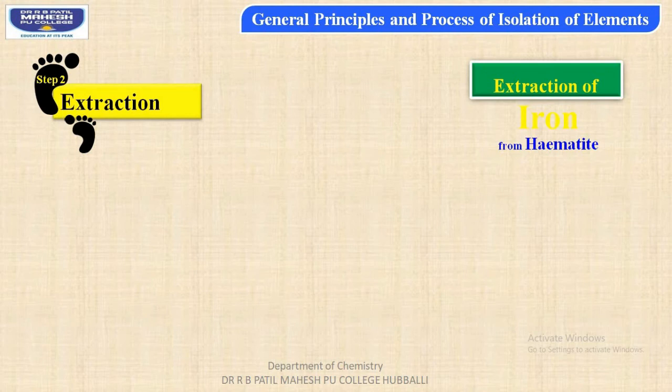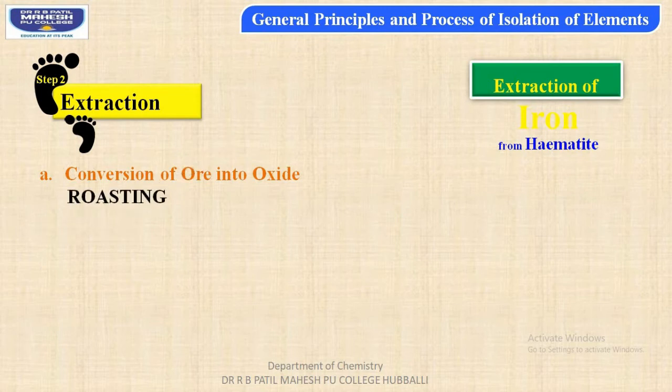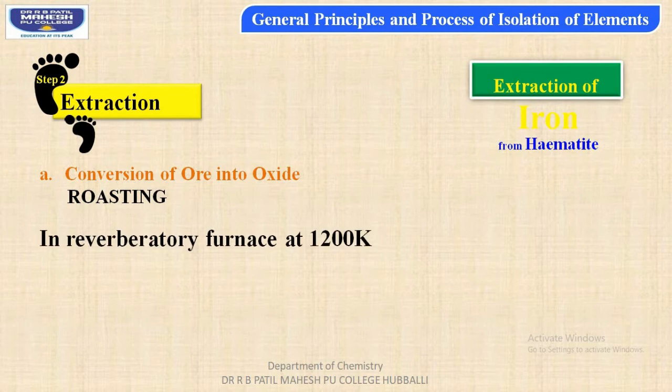In this case, students, the first step is conversion of the ore into the respective oxide, and it can be done by the roasting method. The roasting is done in a reverberatory furnace at a high temperature of about 1200 Kelvin, wherein ferrous oxide reacts with oxygen to form ferric oxide.